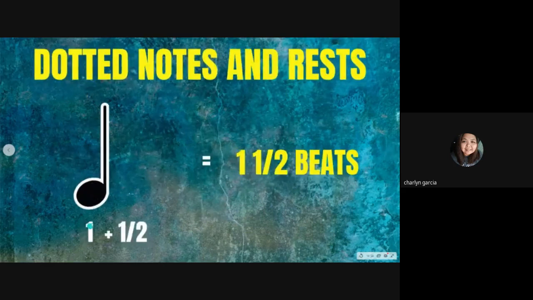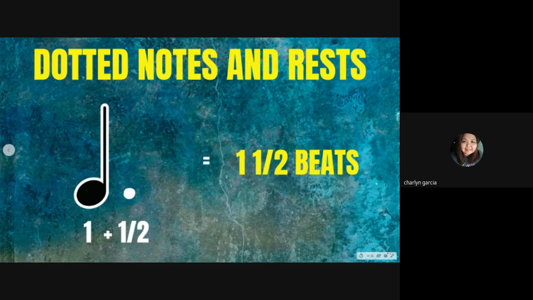So, kung ang quarter note ay may isang beat, ang kalahati ng isa ay 1/2. Ibig sabihin, magdadagdag tayo ng 1/2 beat. So, a dotted quarter note is equivalent to 1 and 1/2 beats.